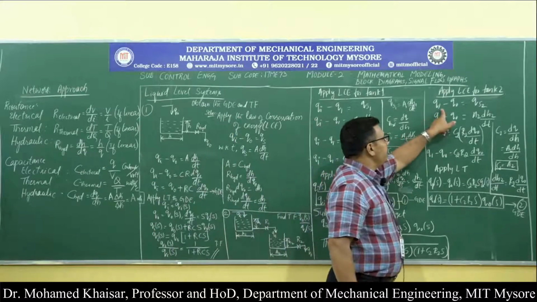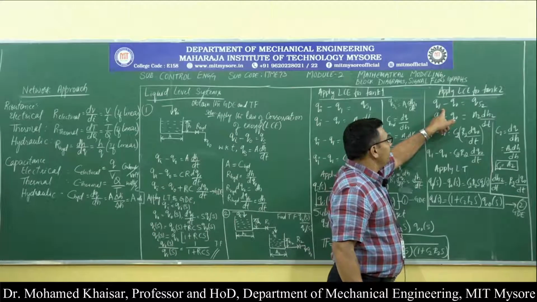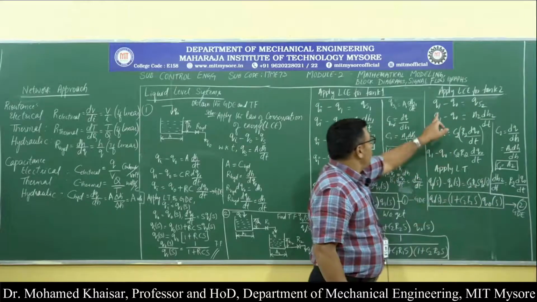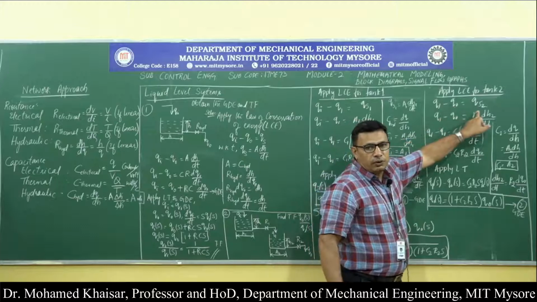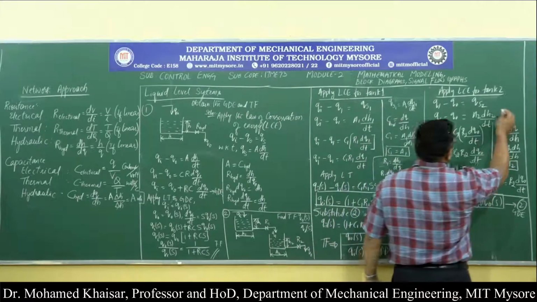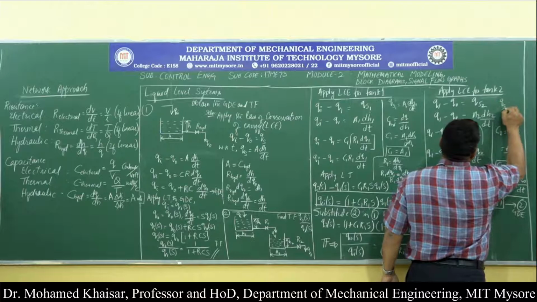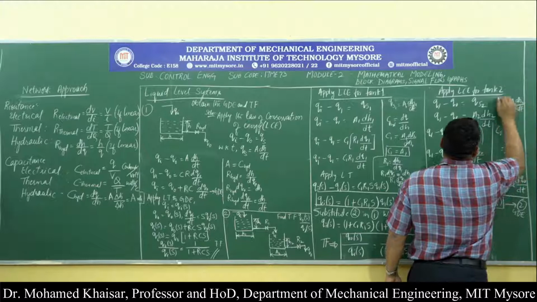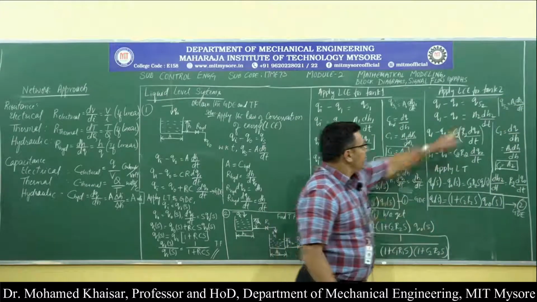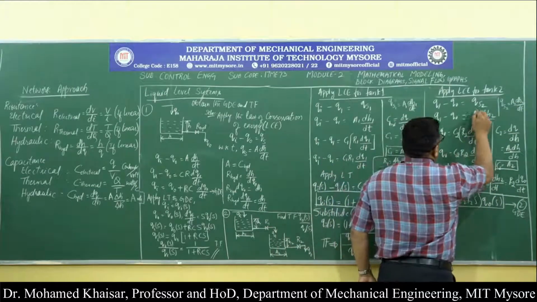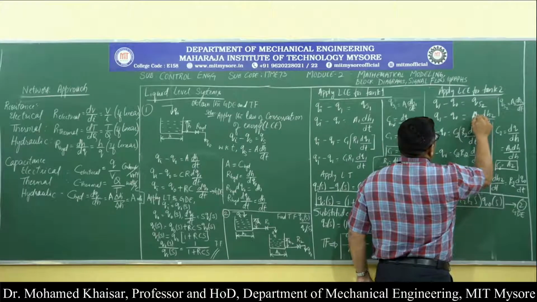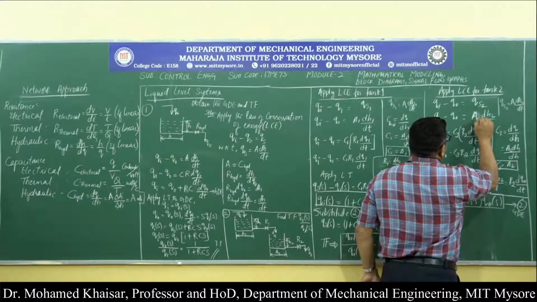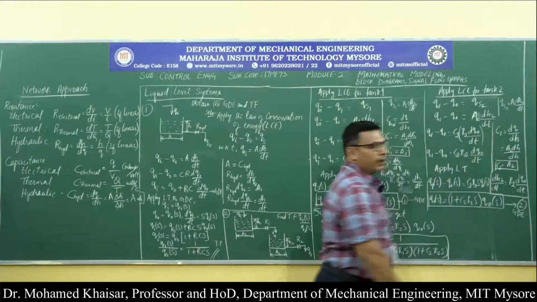According to the law of conservation, for tank 2, Q1 minus Q0 is equal to Qs2. We also know that Qs2 is nothing but, for tank 2, A2 into dH2 by dt. That is what we have written over here. So it becomes Q1 minus Q0 is equal to A2 into dH2 by dt.